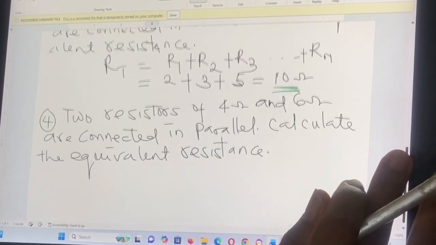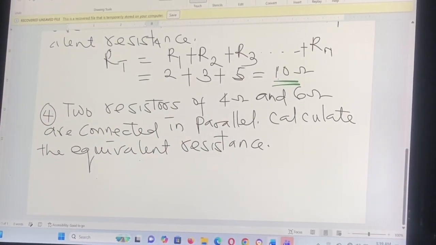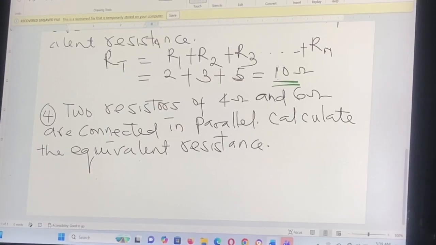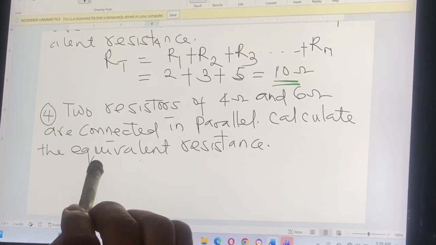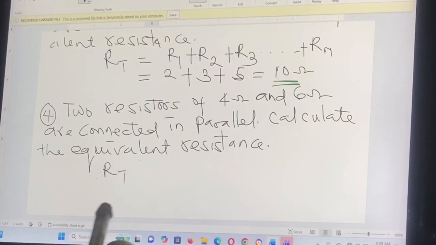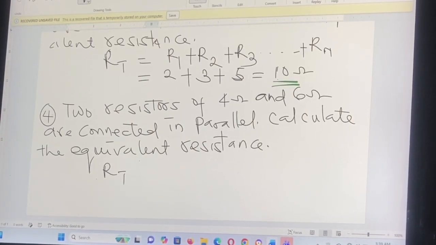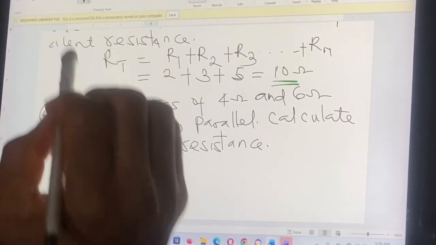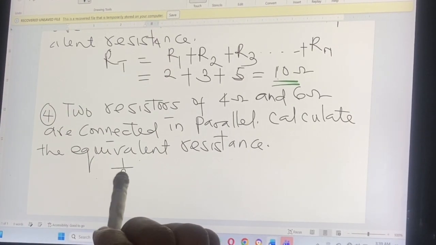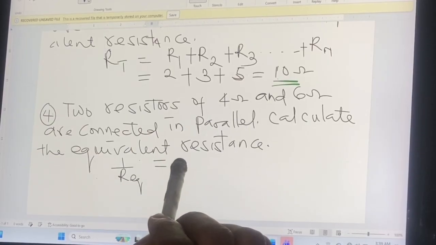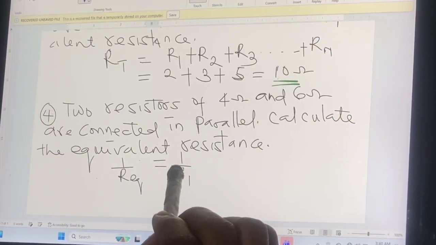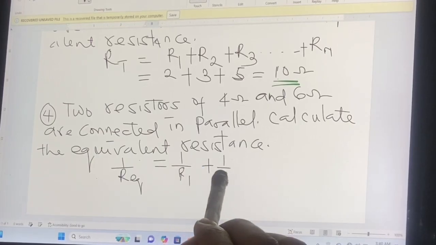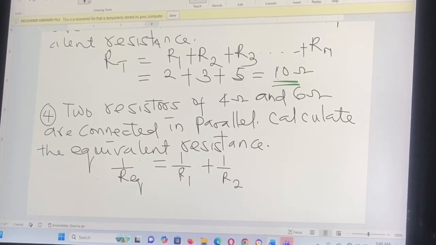So the next question here, they said 2 resistors of 4 ohms and 6 ohms are connected in parallel. Calculate the equivalent resistance. So the equivalent resistance for parallel resistors is given to us as 1 over R equivalent is equal to 1 over R1 plus 1 over R2, depending on the number given to us there.